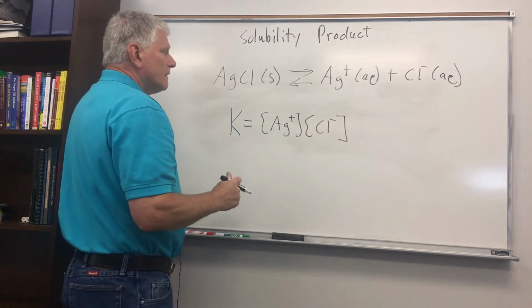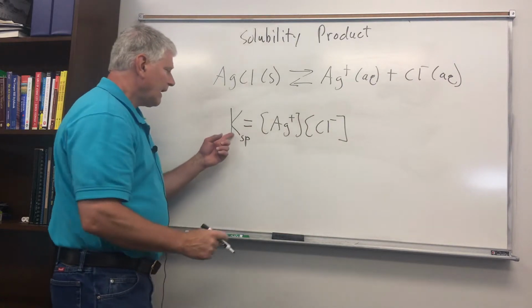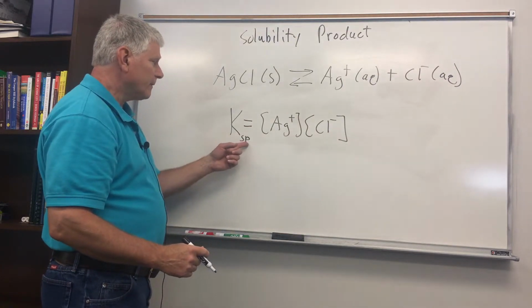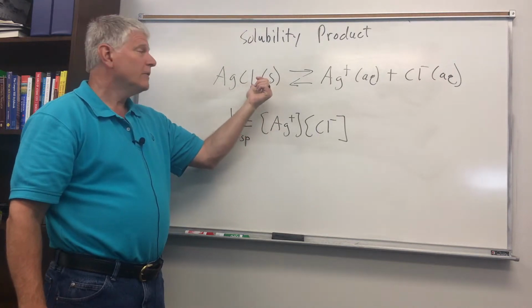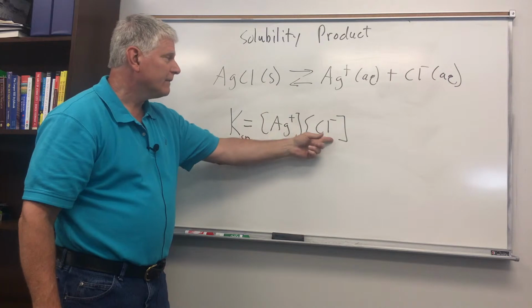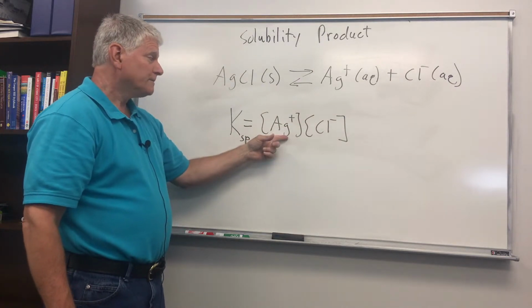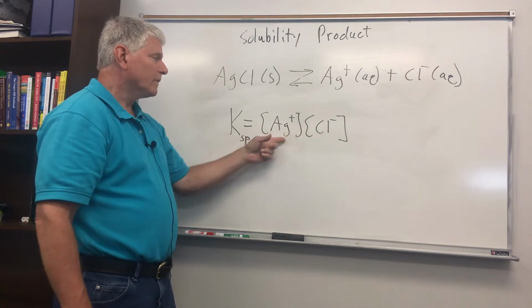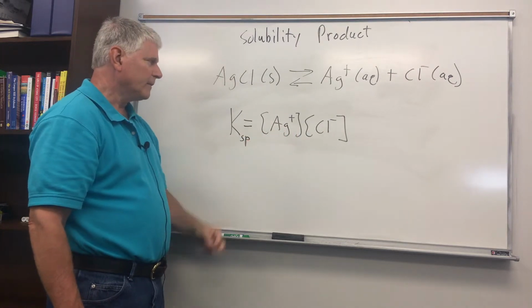And we call this a solubility product, KSP, for solubility product, because since the reactant is a solid, it's not included in the equilibrium constant, so you only have the numerator of the reaction quotient. And so this is a product of two terms, and so we call this a solubility product.